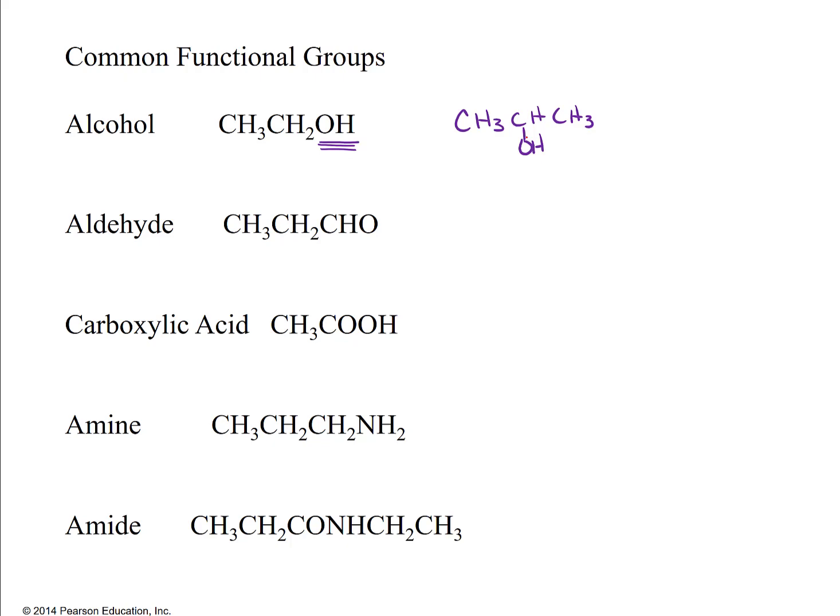An aldehyde, on the other hand, is when you have an oxygen, and it looks like the alcohol flipped backwards, but what that's actually showing is that you have CH3, CH2, a carbon double bonded to an oxygen, and then a hydrogen. So looking at that structure, CH3, CH2, then the next carbon has a hydrogen attached to it and a double bonded oxygen.